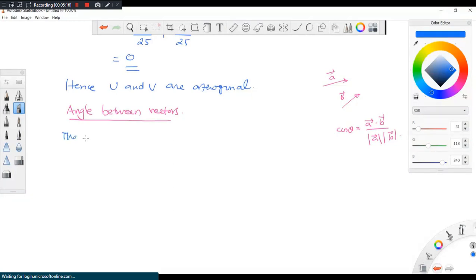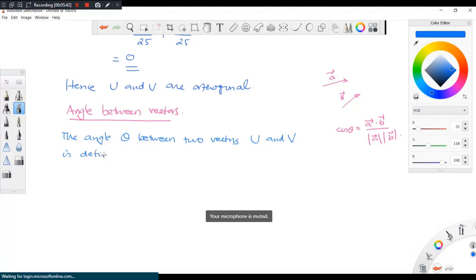So write the angle theta between two vectors u and v is defined as cos theta is equal to the inner product of u and v, in place of dot product the inner product, in place of modulus the norm, first vector's norm, second vector's norm.